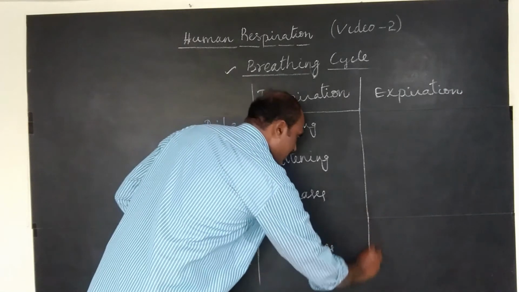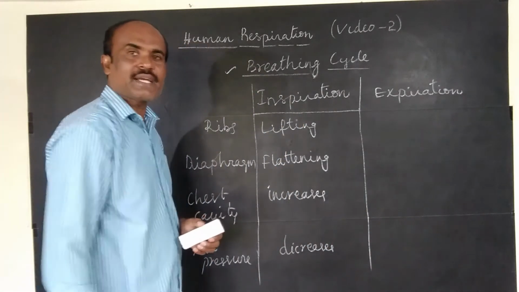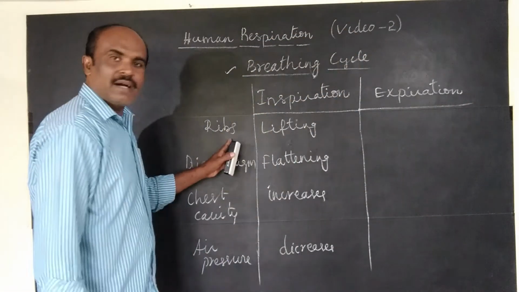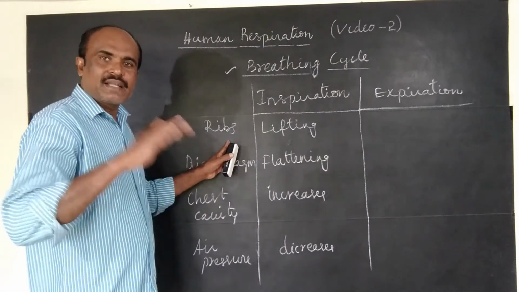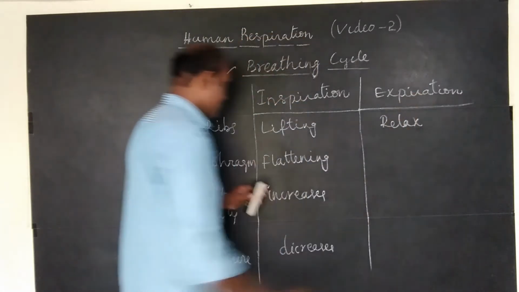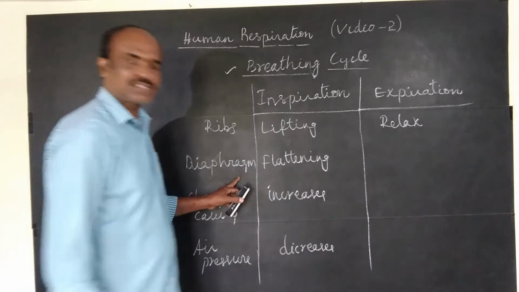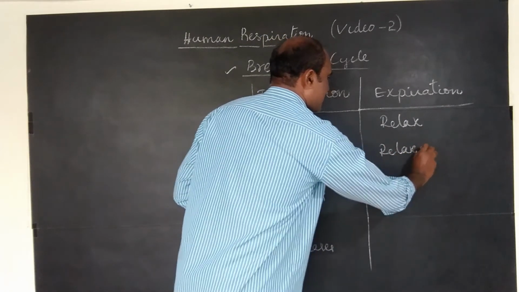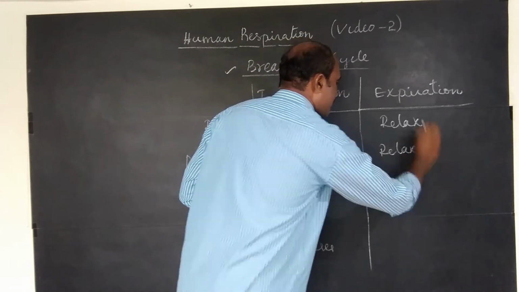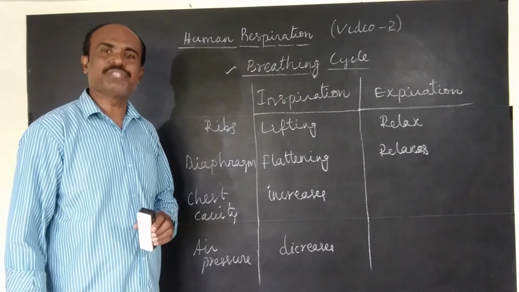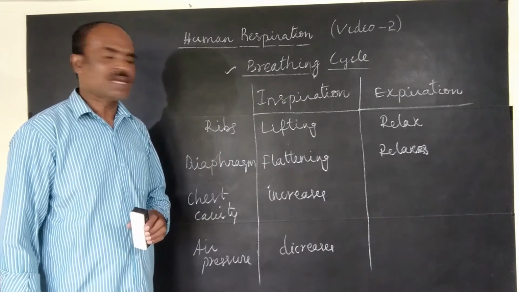Now let us talk about what happens during expiration. Ribs relax. Diaphragm also relaxes. Diaphragm acquires its dome shape, original shape.